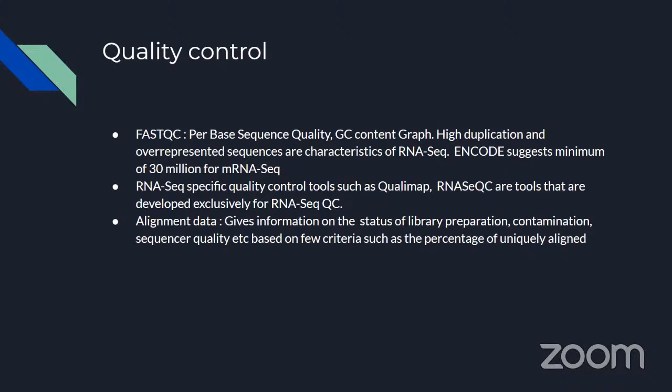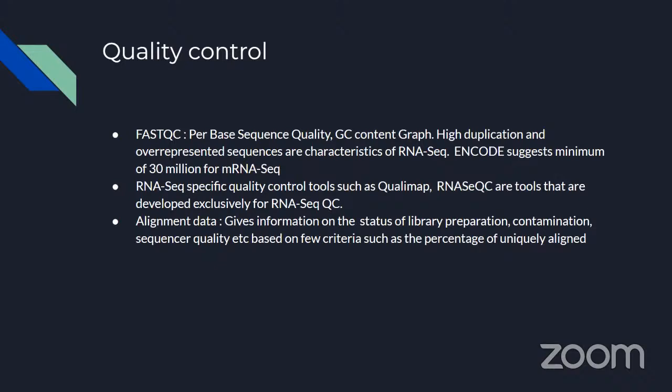You would also want to look at GC content, because GC content gives you a lot of insight into contamination. For example, if there is adapter contamination, or some adapter ligation issue, and there are a lot of adapters in the sequence.